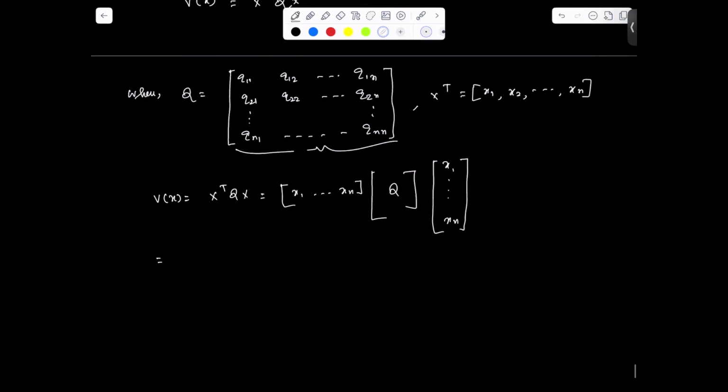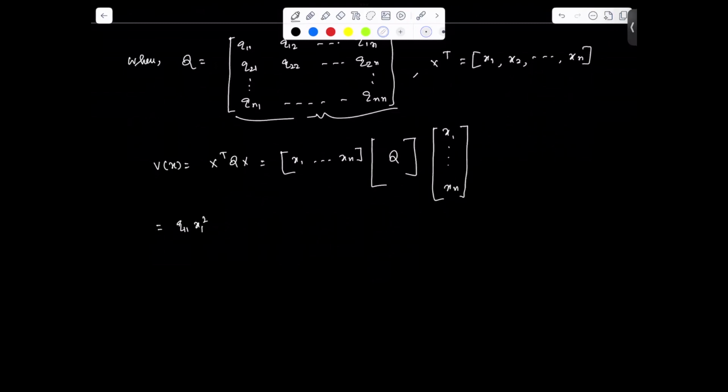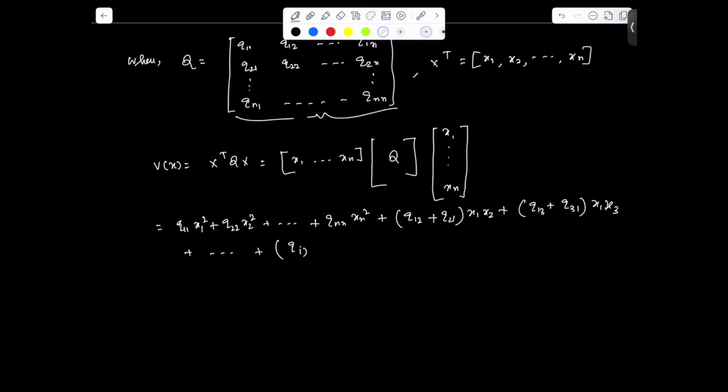From this, we can write Q11 x1 squared plus Q22 x2 squared, up to Qnn xn squared, plus (Q12 plus Q21) x1 x2, plus (Q13 plus Q31) x1 x3, and in general plus (Qij plus Qji) xi xj. So we can get this expression.